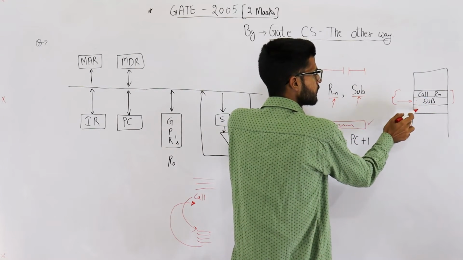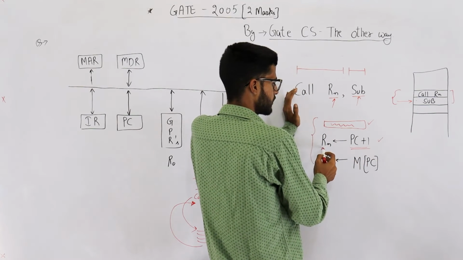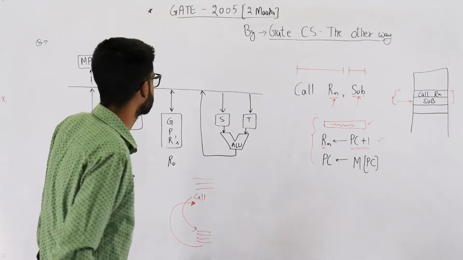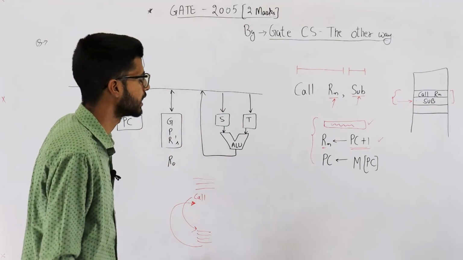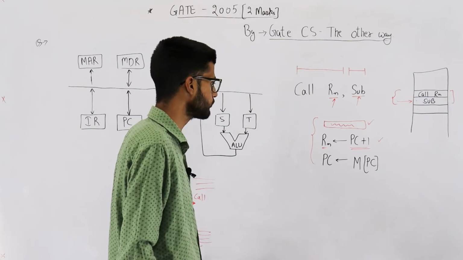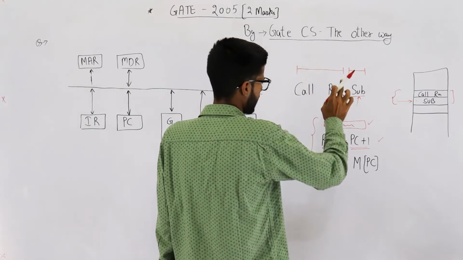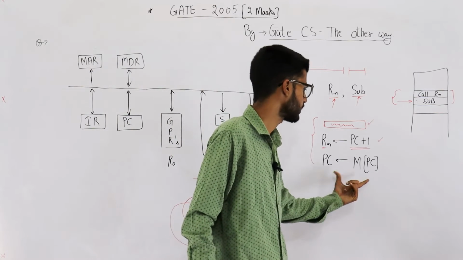We need to save this address, which means PC plus 1 must be saved into this register mentioned here. So till now what has happened? We have just saved the return address into some general purpose register. It may even be a special purpose register, but that doesn't matter. Anyway, let's see what's happening in the next line.